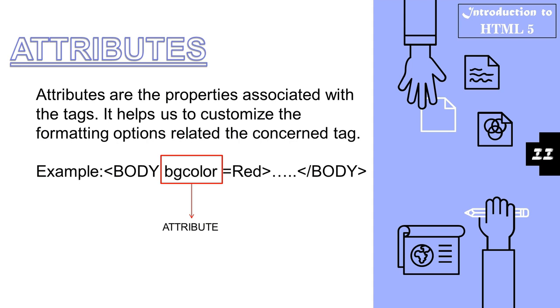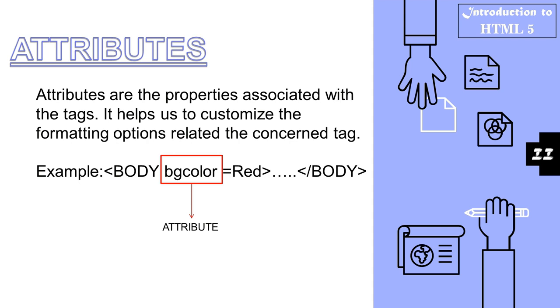Now as you can see, I have started the tag with an angular bracket and written my tag name, which is body, given a space and written down an attribute which is bgcolor, and its value that I have given is red, and I have closed the angular bracket. Now the attribute bgcolor means background color with no space, and it can be in any case, uppercase or lowercase, doesn't matter.